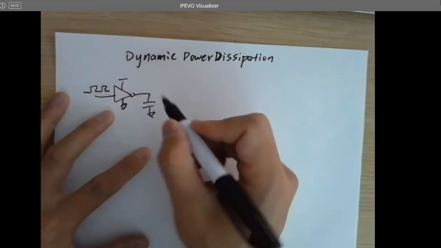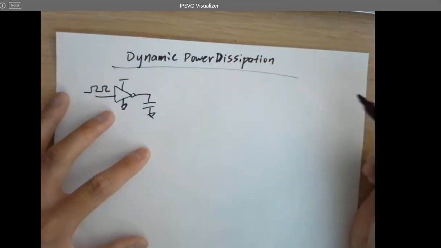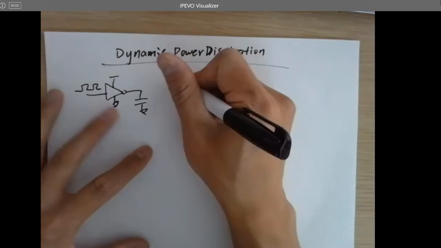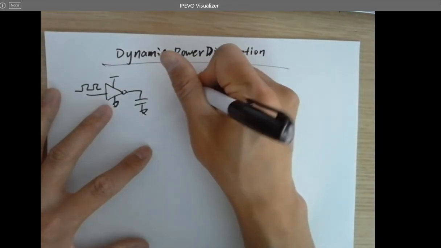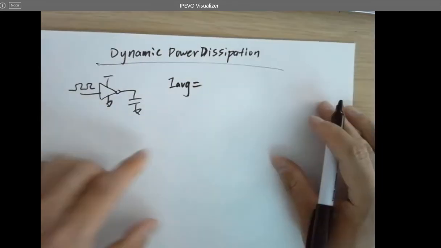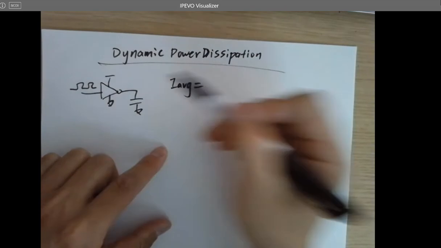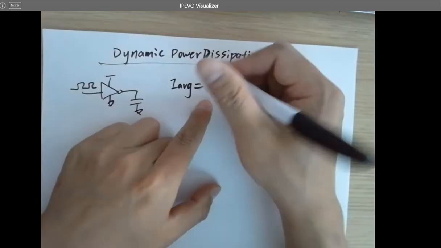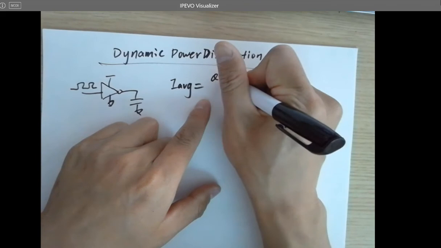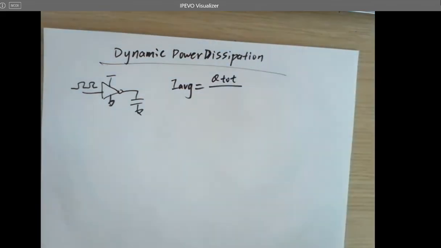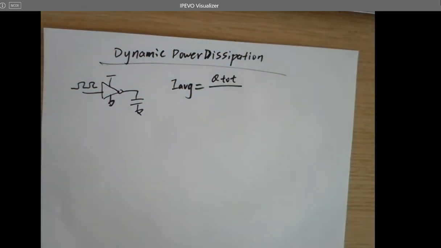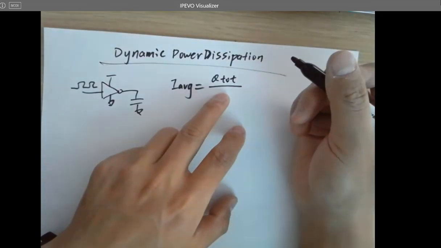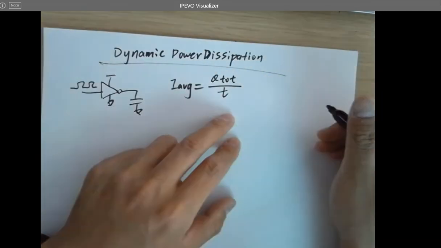So the way to calculate the dynamic power dissipation is starting with I average, since it's charging and discharging the cap all the time. You just have to find the average current. So the average current equals Q total, the overall charge involved in the charging and discharging operations, over T. That's the definition for I, right?